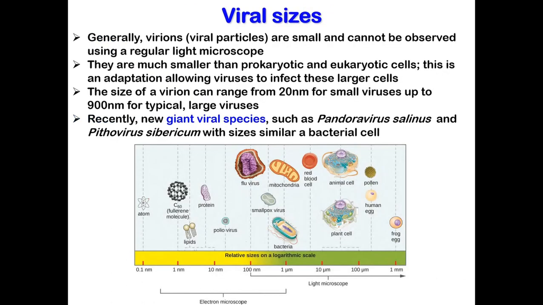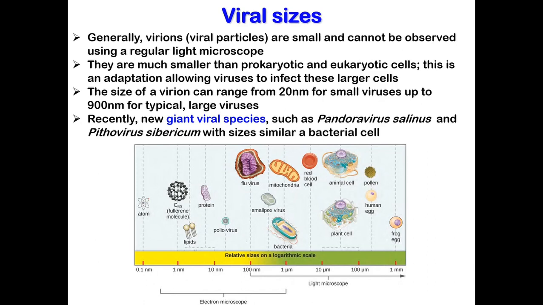So as we said in the introduction, generally virions, the virus particles, are small and cannot be observed using a regular light microscope. They are much smaller than prokaryotes such as bacteria and eukaryotes, which is actually an adaptation which allows viruses to infect these larger cells. Virus size ranges from very small, 20 nanometers, up to 900 nanometers for some larger viruses.